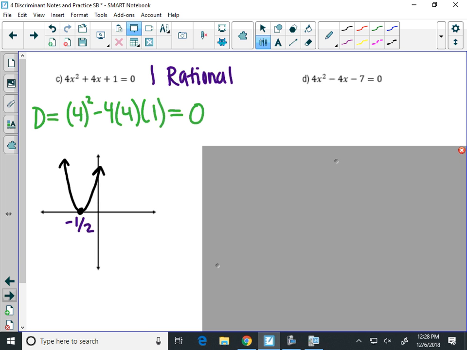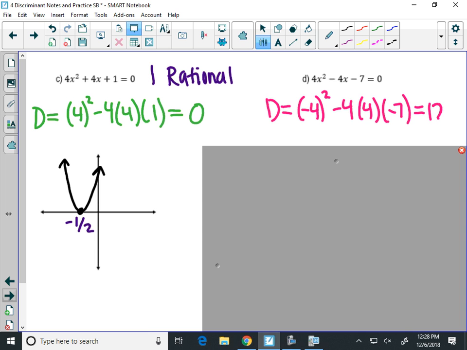All right, last one here. Let's see, D equals, we start with -4 squared minus 4 times 4 times -7. Yeah, 128.